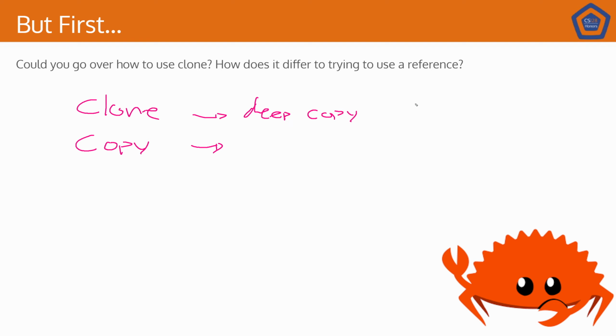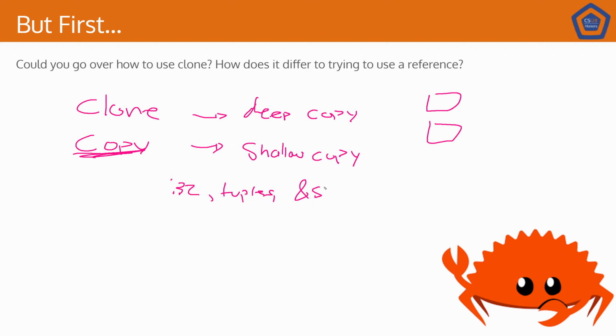So think if it's on the heap, we'll go into the capital S String and really create a new capital S String with the same data. And copy is usually a shallow copy. So basically, like a reference, copy is generally not used with things on the heap, but it is used with things on the stack. So i32, tuples, string references, lowercase, I should say, string references, things that we know the size of.